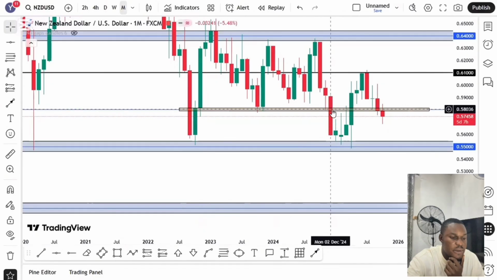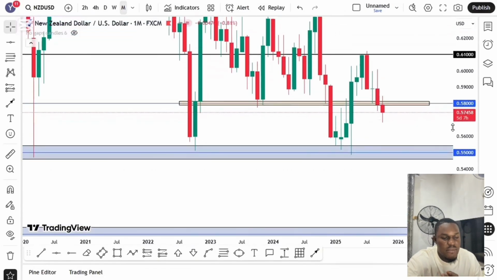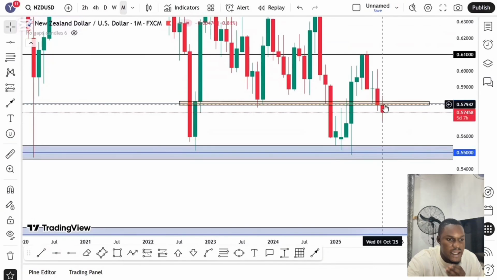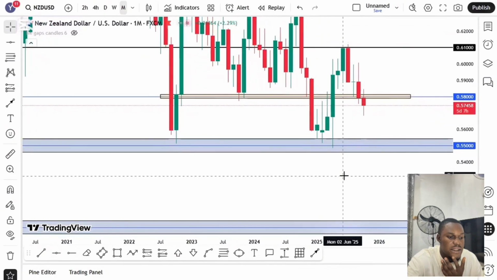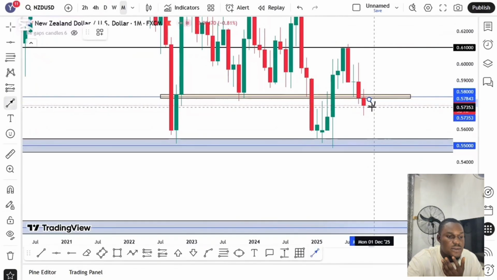When the market breaks below this minor level, we also come to the major level. And now currently on NZDUSD, the market has broken below the minor level, which means technically the market is supposed to come to this major level.